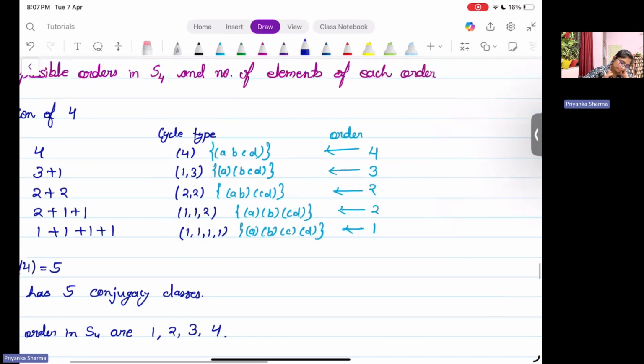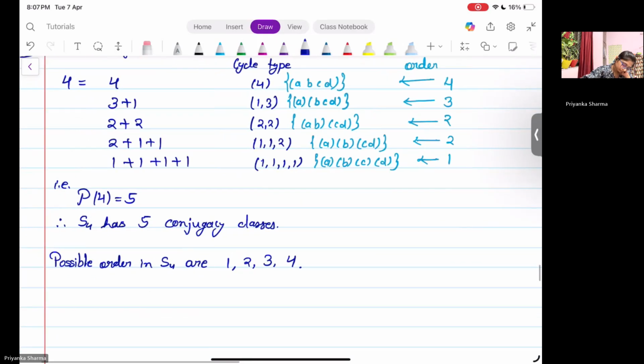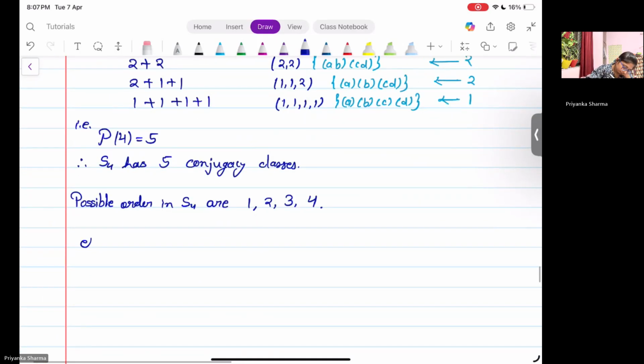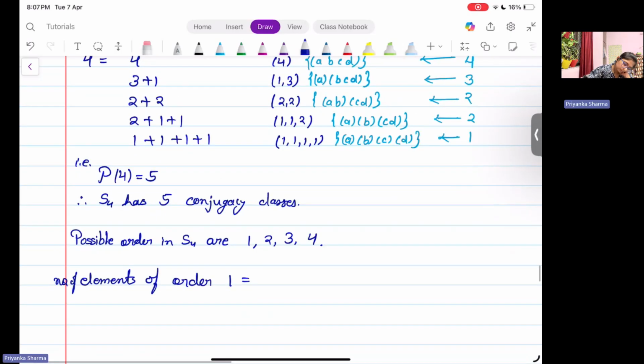Now, how many elements are there? So, number of elements of order 1. For that, we will refer to this.